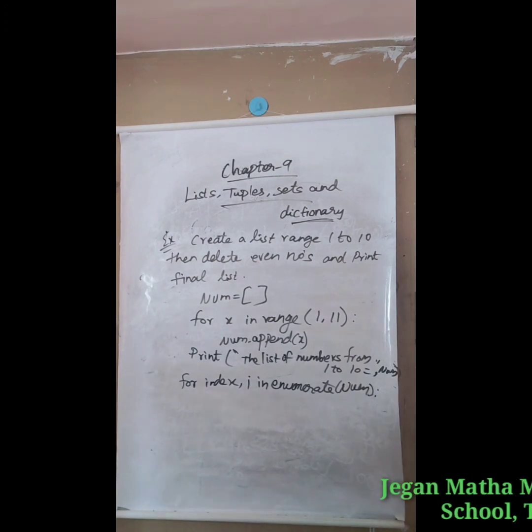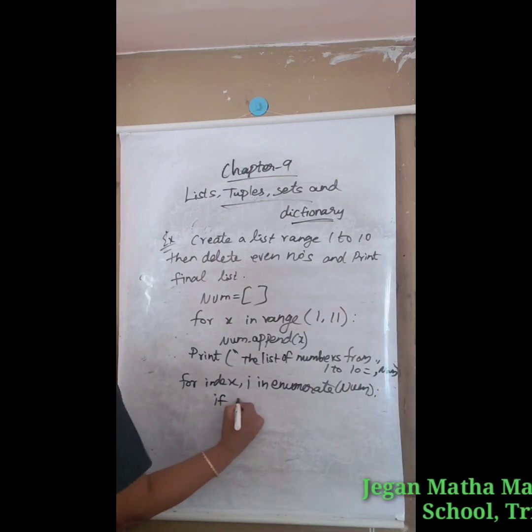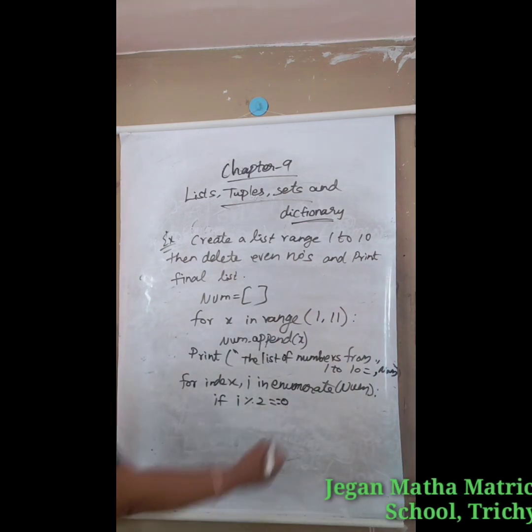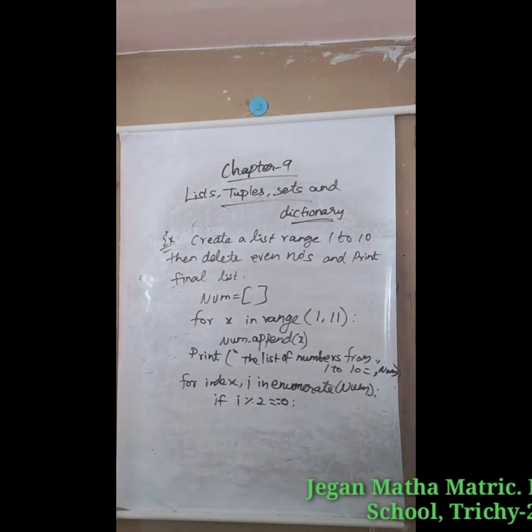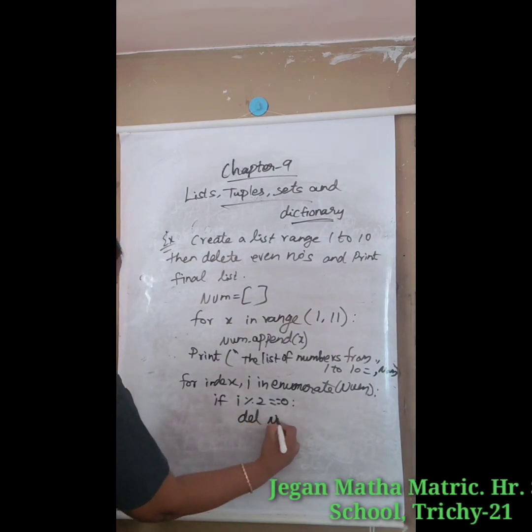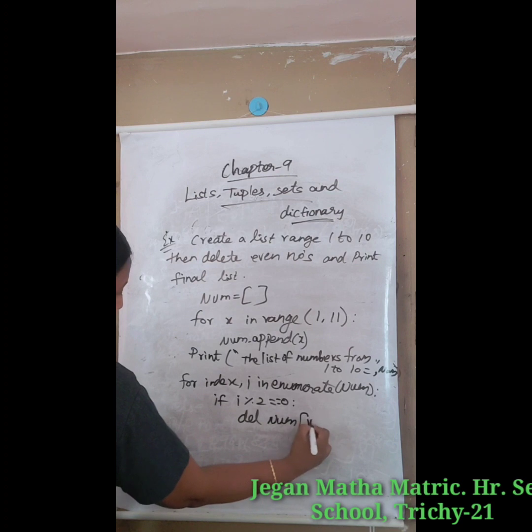Next, if i divided by 2 equals 0, if the condition is true, it deletes num of that index value.